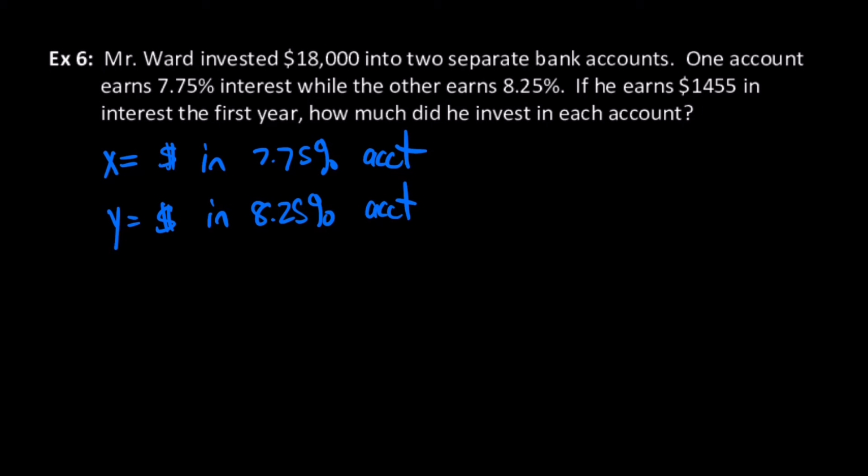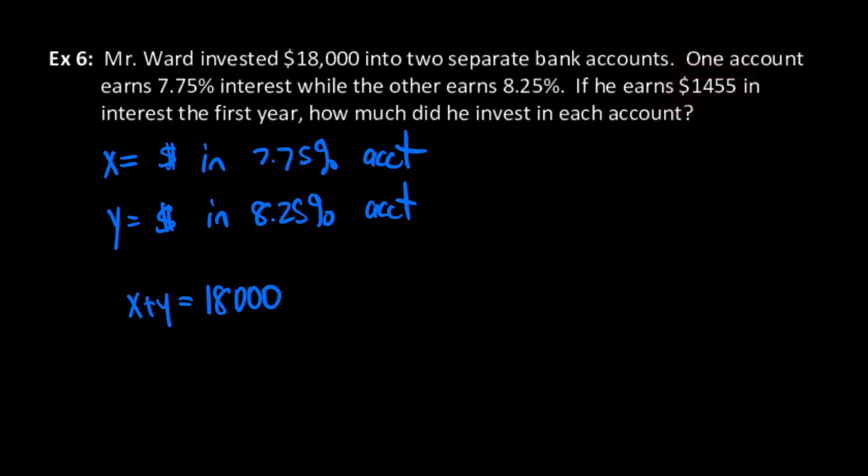All right, so first equation, very simple. How much did you invest? That's x plus y. So x plus y equals 18,000. The second equation always involves the interest. So I have to multiply the interest rate times how much money is in the account. And then I have to know how much interest that equals.